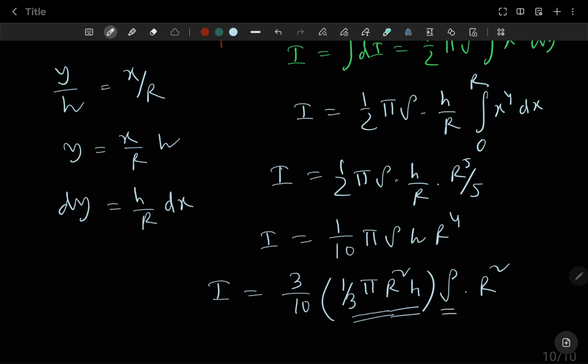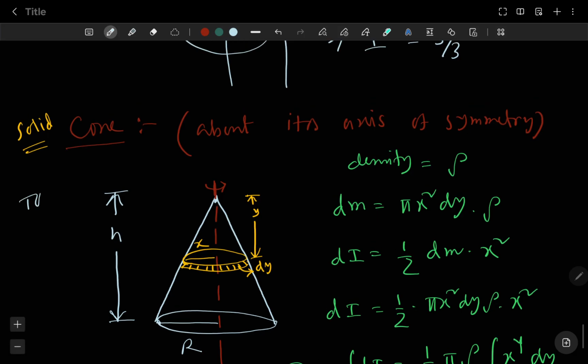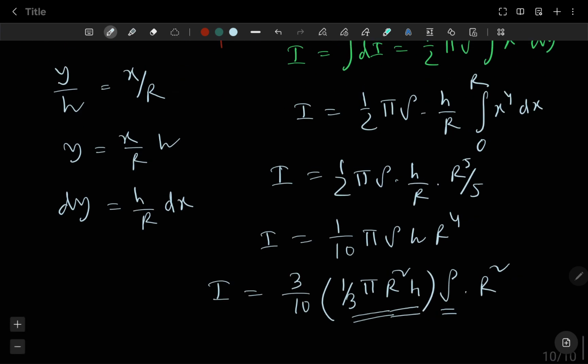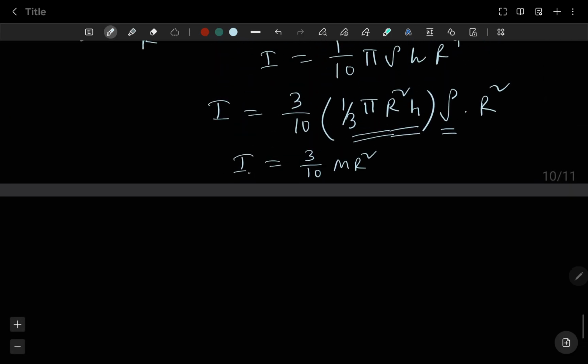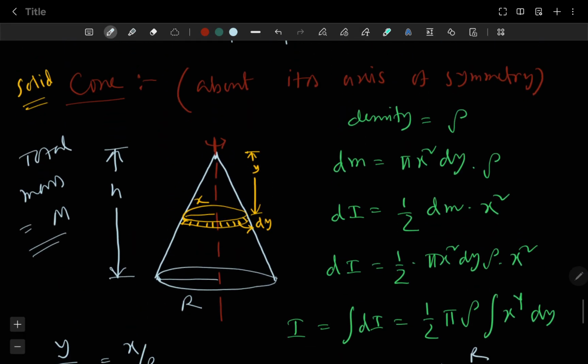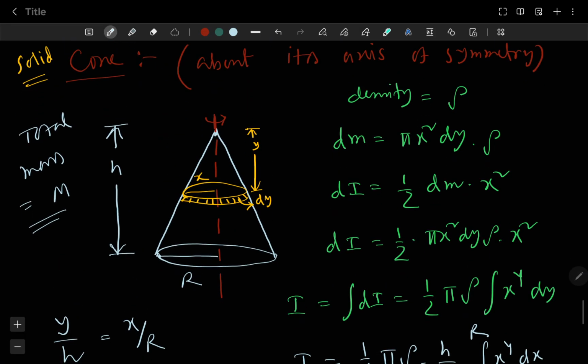So total mass is m. Alright, so we'll get I equals 3 by 10 m r square.